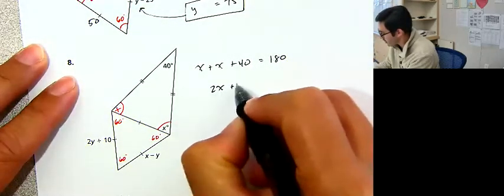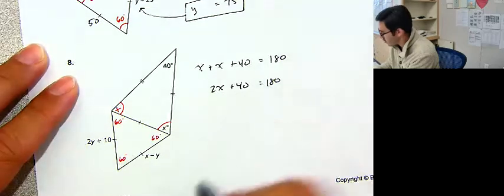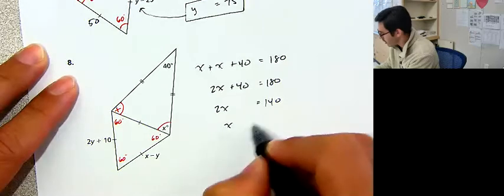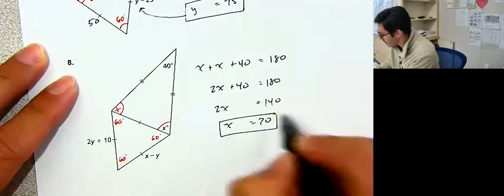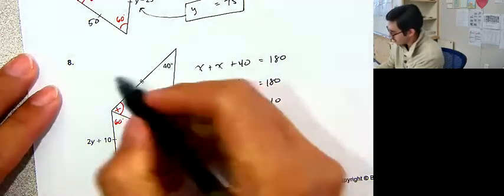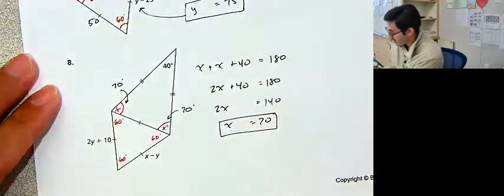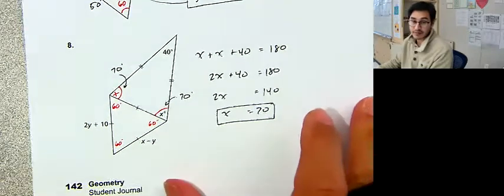So that's 2x plus 40 equals 180, or 2x equals 140, or x equals 70. So I now know that that is a 70-degree angle, and that is also a 70-degree angle.